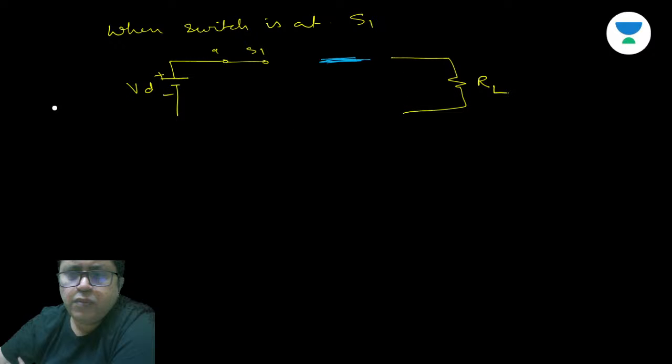So let me redraw it once again. This will be a short circuited inductor and an open circuited capacitor. This will be the inductor current IL.